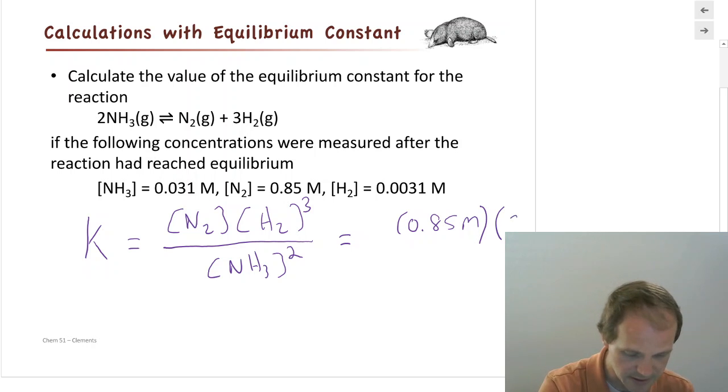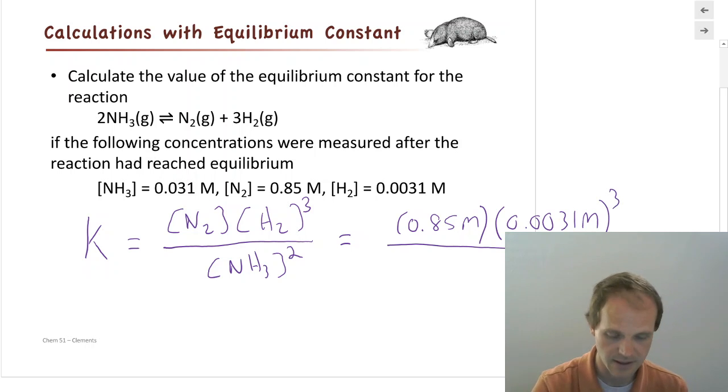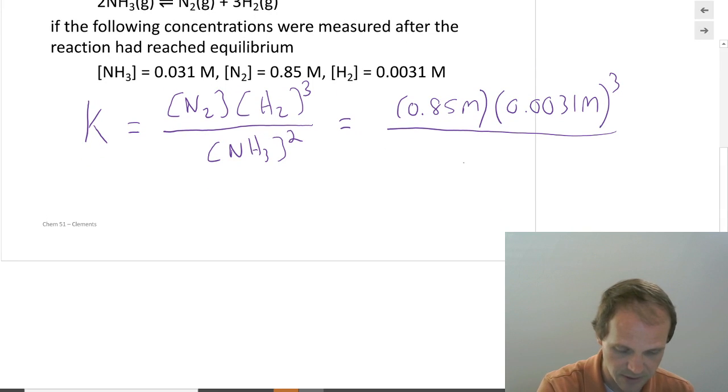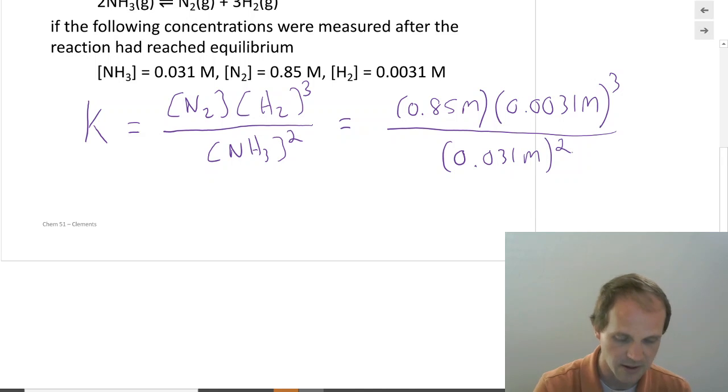H2 is 0.0031 molar. I'm going to cube that. And then I've got my NH3, which is 0.031 molar, and I'm going to square that.